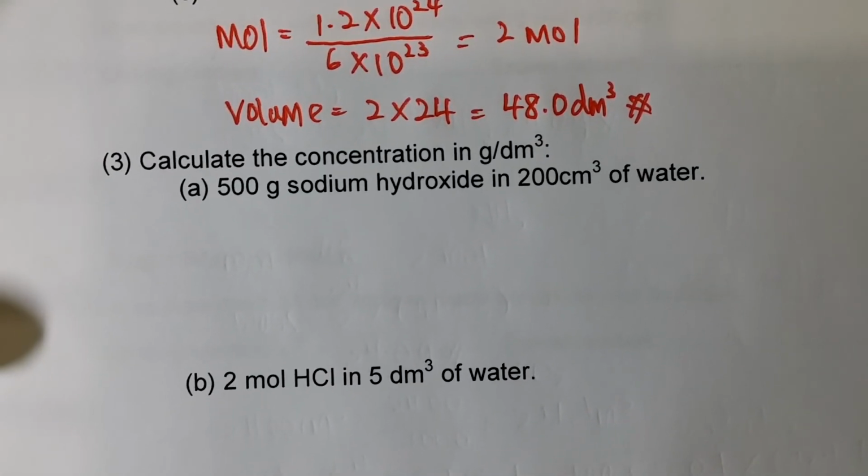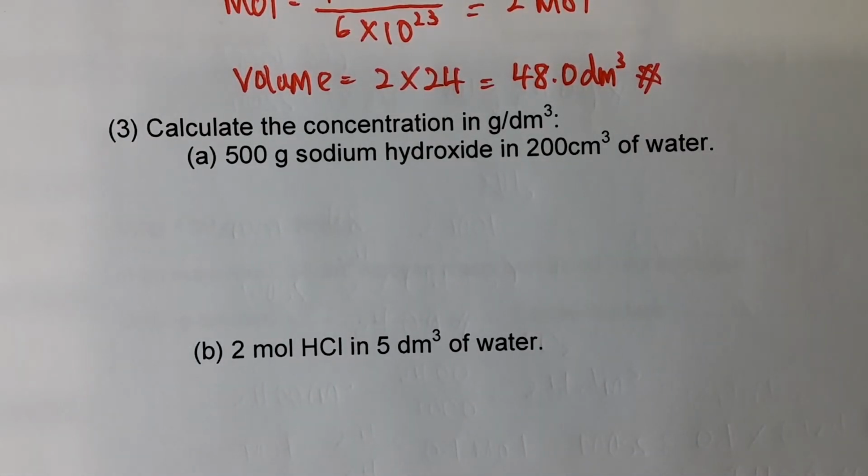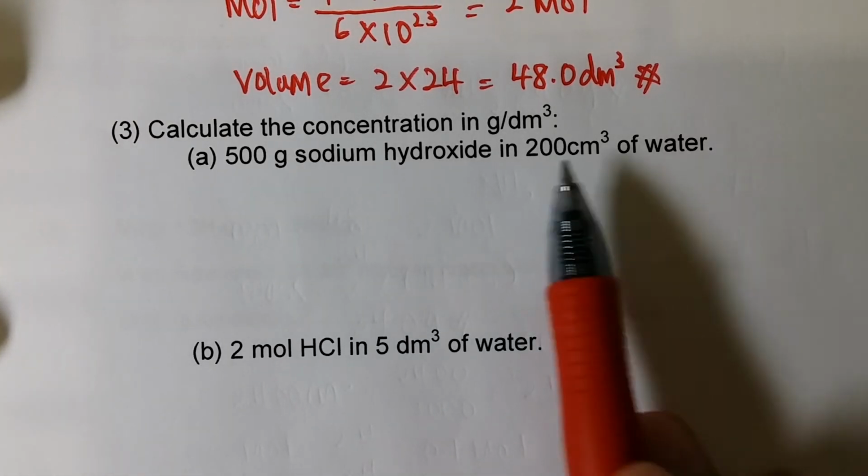Okay. Next question, calculate the concentration in gram per dm³. So concentration in gram per dm³ basically is taking the mass divided by the volume.